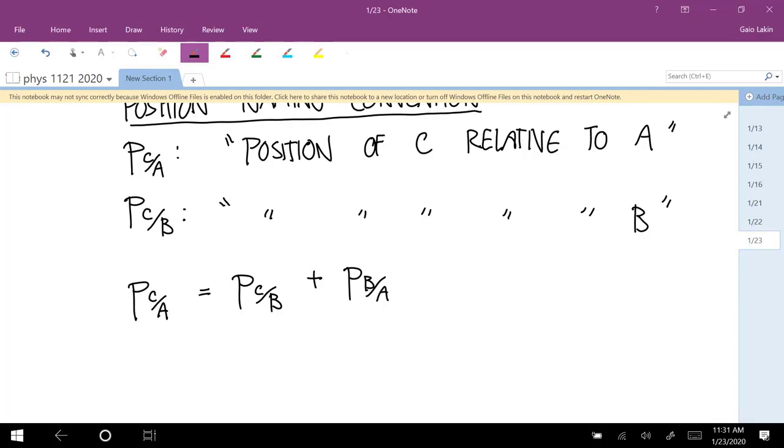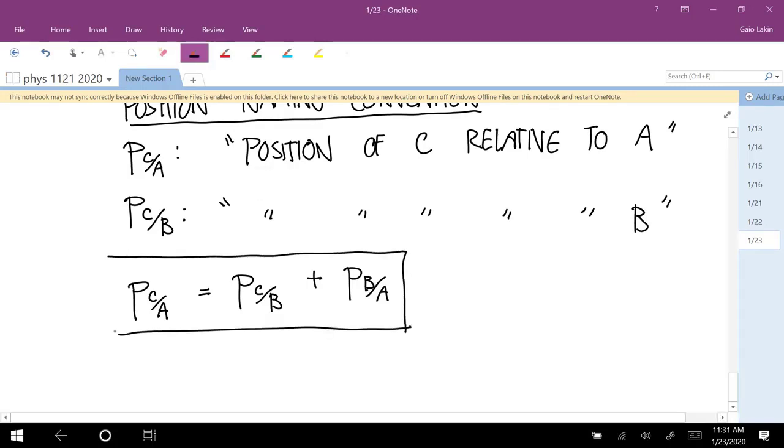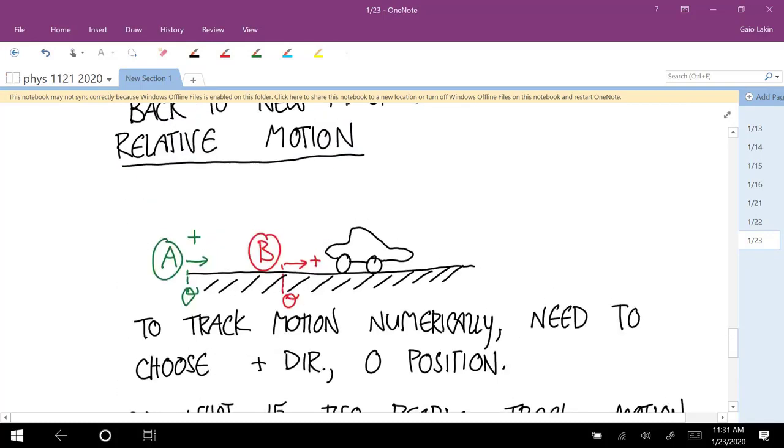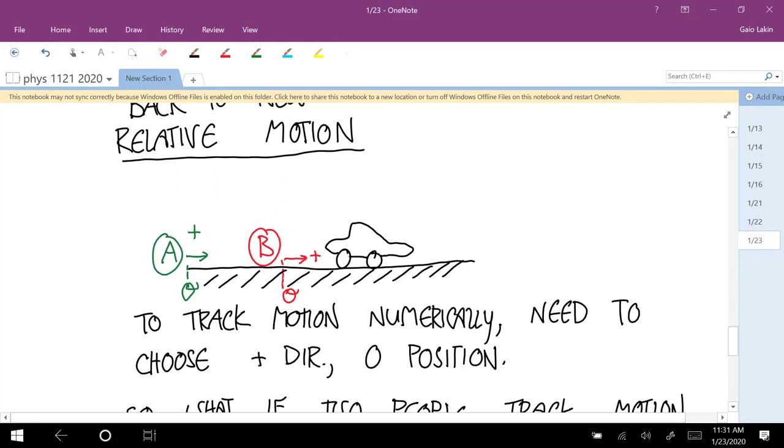So the position of B relative to A is saying, for the person who's observing this motion with their zero at A, what would they say the position of B is? Okay. So this is our first relative motion equation. And if you look at these answers, like what I drew here, say these are 10 meters apart, say it's 5 meters from B to the car. Okay.